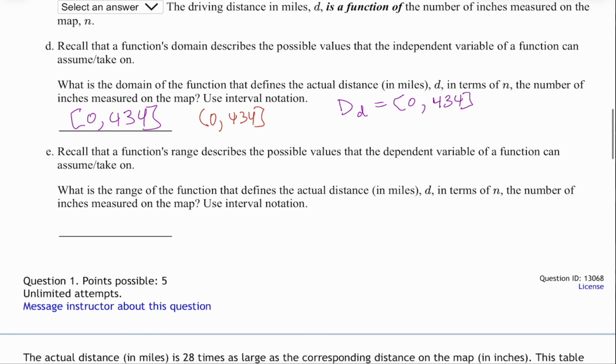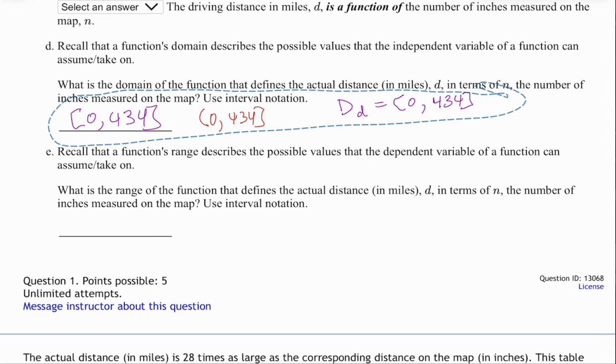Okay. And then it says, recall that a function's range describes the possible values of the dependent variable. And so, okay, I made a mistake here.